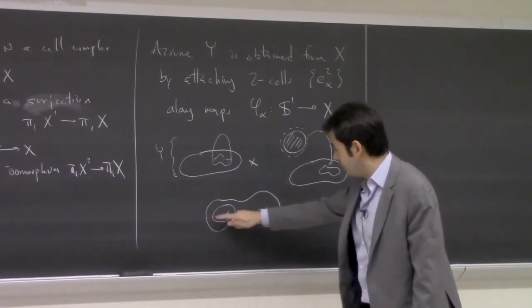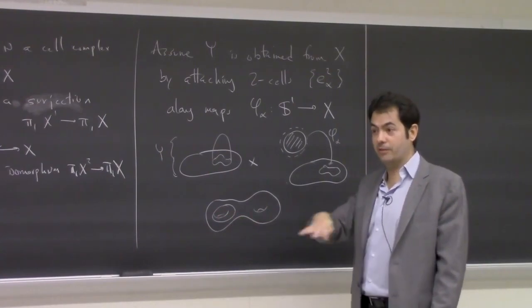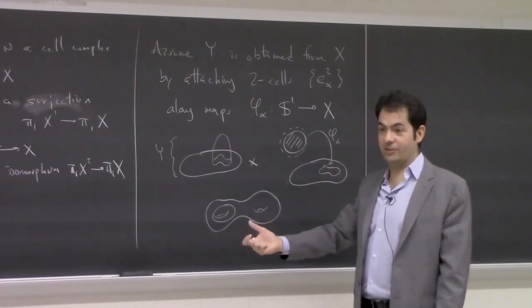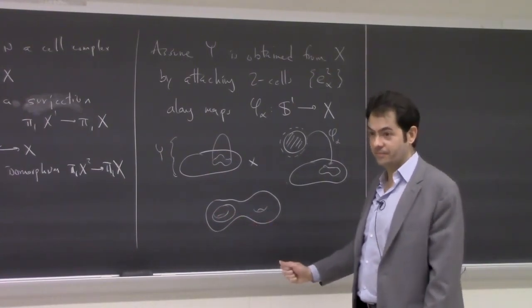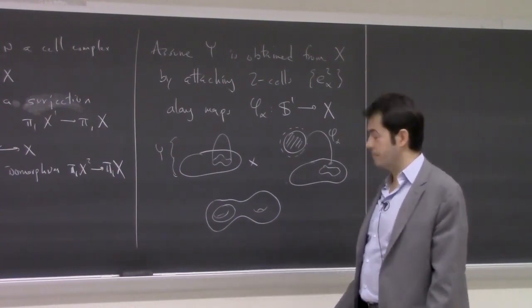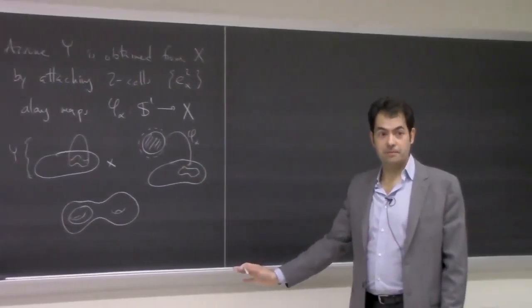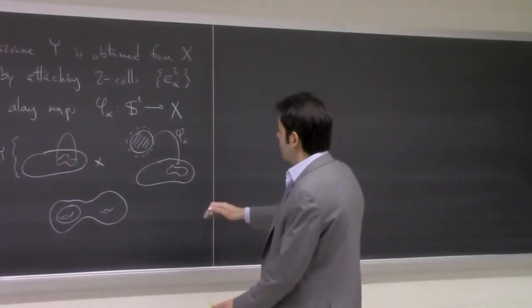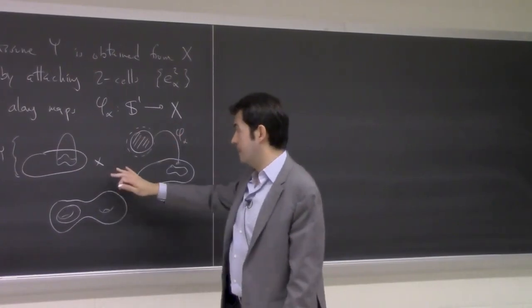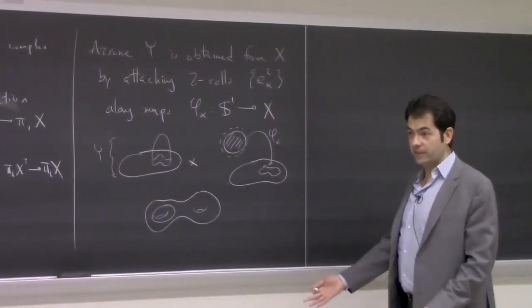And so this loop becomes trivial after I glue in that little trampoline, because I can just contract it to the center. I filled in the hole. Okay, so everybody happy with attaching? Okay, so these are going to become trivial in the fundamental group of Y, and the claim is that basically that's all that's going to happen.